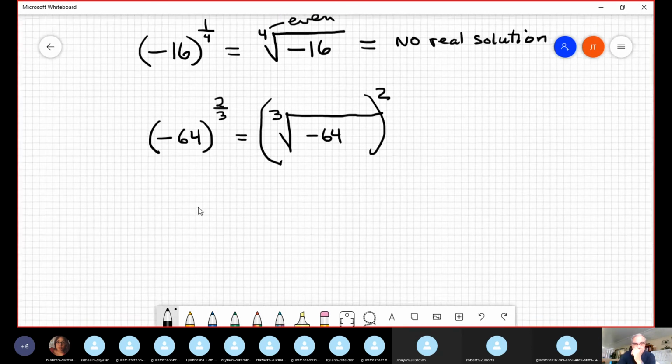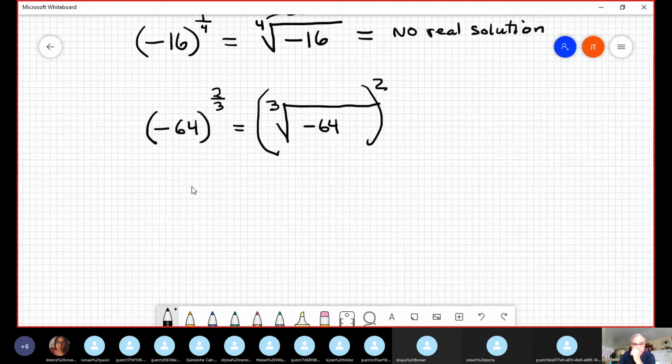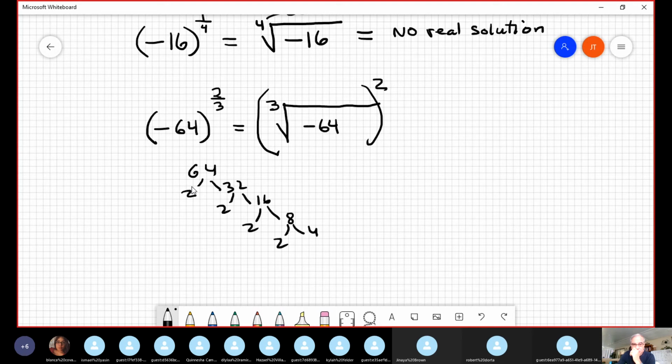So 64. Let me break it down: 64 divided by 2 is 32, divided by 2 is 16, divided by 2 is 8, divided by 2 is 4, divided by 2 is 2. Actually, 64 is six 2s. We are working with the cubic root, which selects 3 by 3.